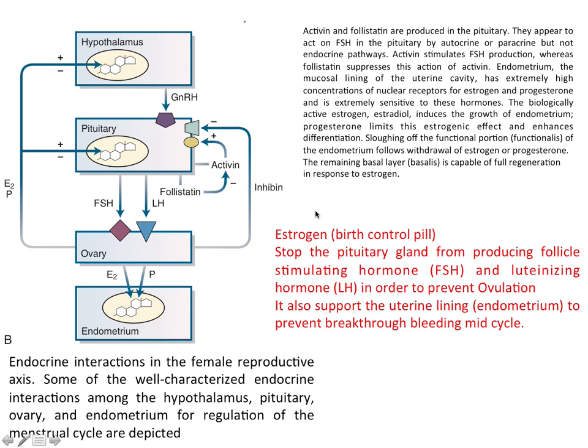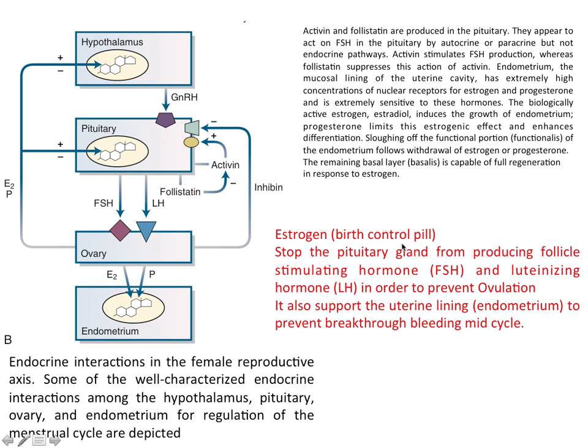So here I would like to explain how the birth control pill works. Actually, birth control pills or contraceptive pills contain the estrogen hormone, and when women take this estrogen hormone, the level of E2 increases, so it gives negative regulation to the pituitary and hypothalamus to decrease the secretion of FSH and LH.